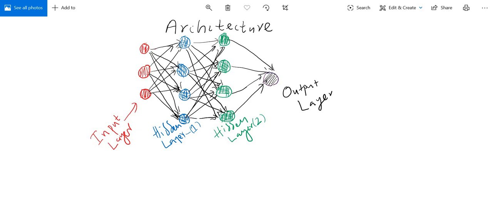The sigmoid function's value ranges from 0 to 1, so it introduces non-linearity. It can be any value between 0 and 1.